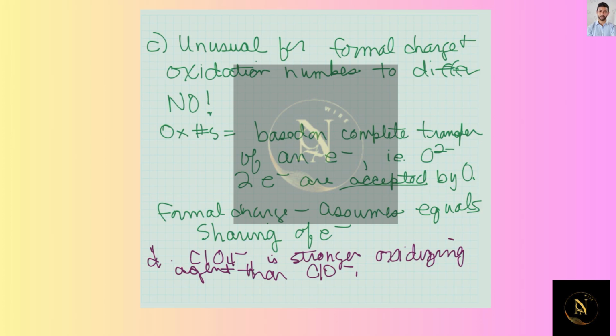Would you expect there to be any relationship between the oxidizing power of the oxyanion and the oxidation state or formal charge of chlorine? And yes, I would. So in ClO4, the ox number for chlorine was 7 plus, and the formal charge was 3 plus.